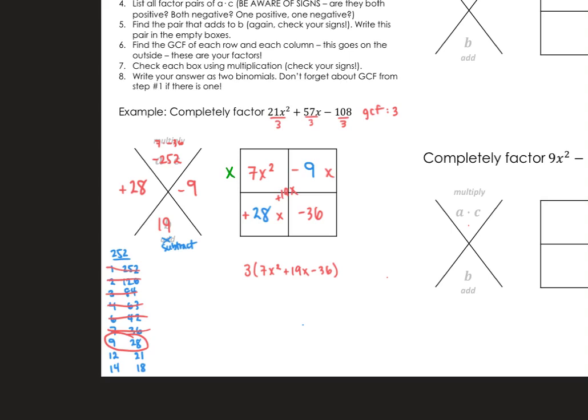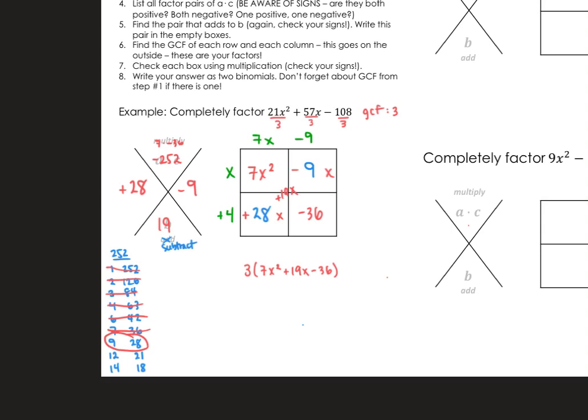The next row, 28x and negative 36, the biggest number they have in common is a positive 4. Looking down the column, 7x squared and 28x, that's 7x. And then negative 9x and negative 36, they have a 9 in common, but since our leading term is negative, we are going to factor out a negative 9.